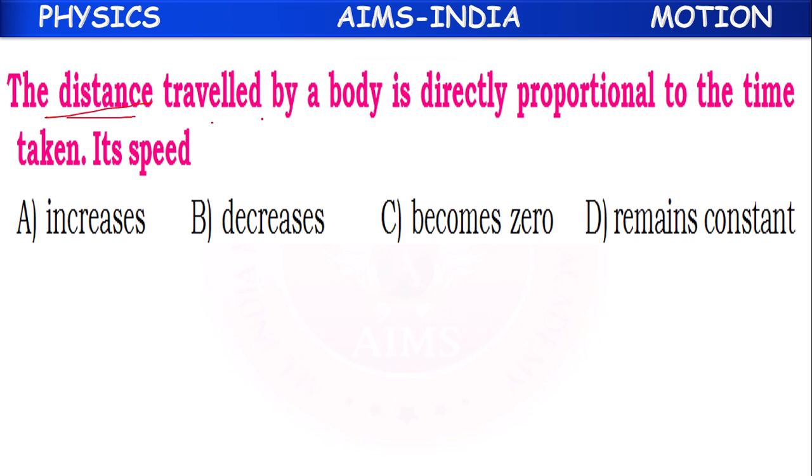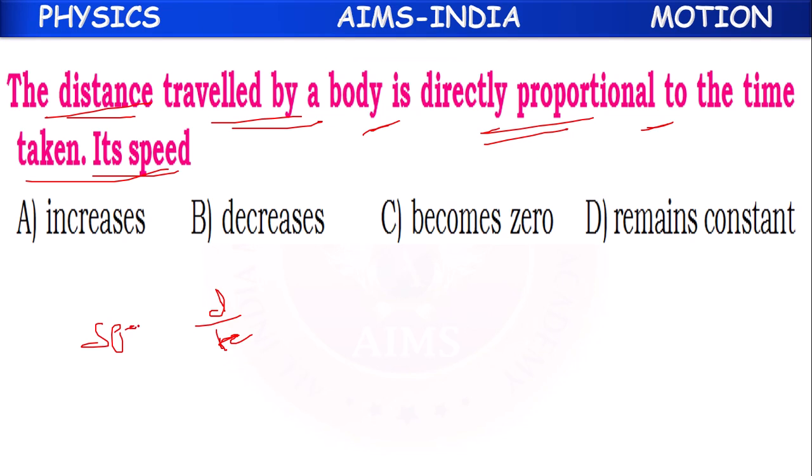The distance traveled by a body is directly proportional to time taken. Distance by time equals speed. But distance and time are directly proportional. Distance 20 meter, time 10 seconds. Distance 30 meter, time 15 seconds. Distance 40 meter, time 20 seconds.